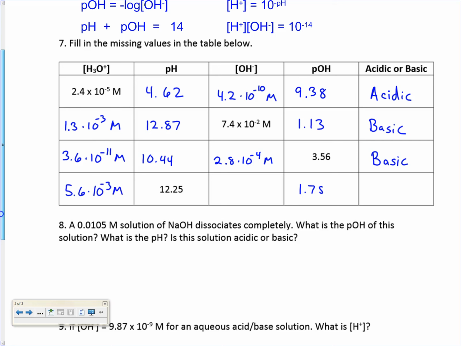For the concentration of OH, that's 10 to the negative 1.75. You should get 0.018 molar. Alternatively, you could have called this 1.8 times 10 to the negative 2 molar. It would have been the same thing. pH 12.25, that is also basic.